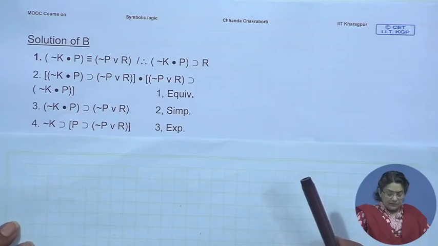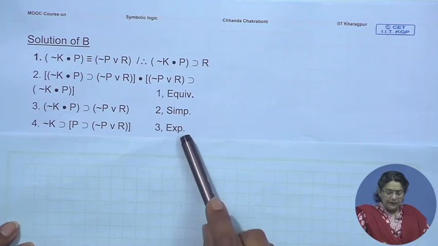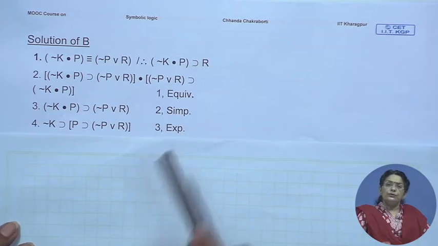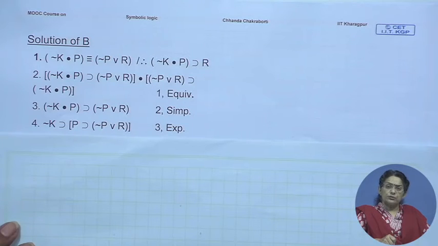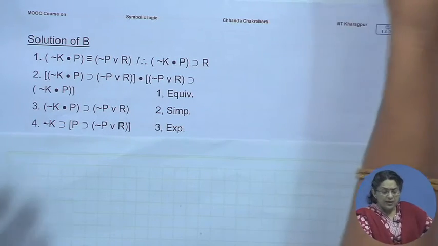Then we do this, and here again I have to make sure that you know this rule, the exportation rule, which is a rule of equivalence. The rule of equivalence, exportation, allows you to work with the horseshoe statement in a certain sort of way. So, let us remind ourselves. What does it say?